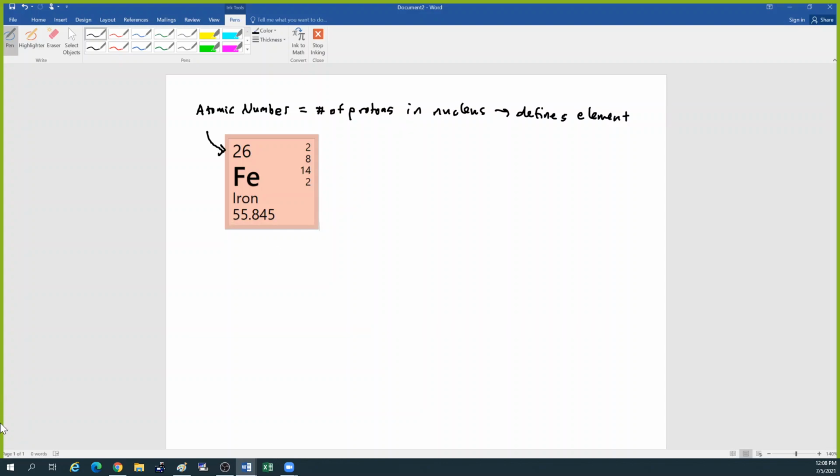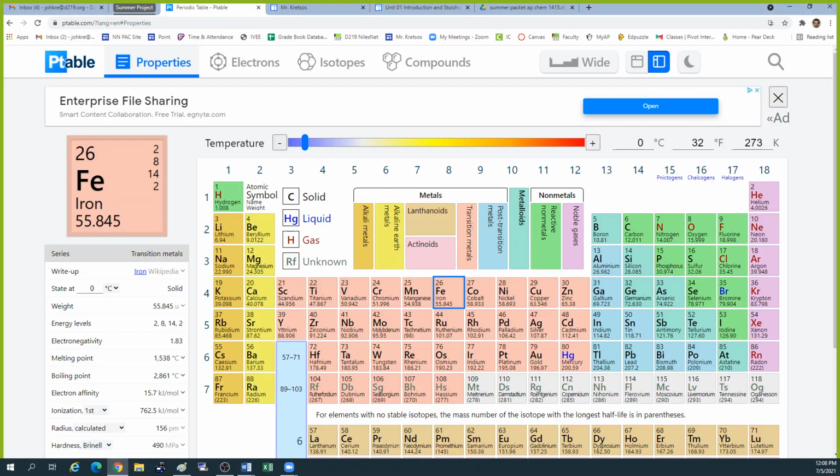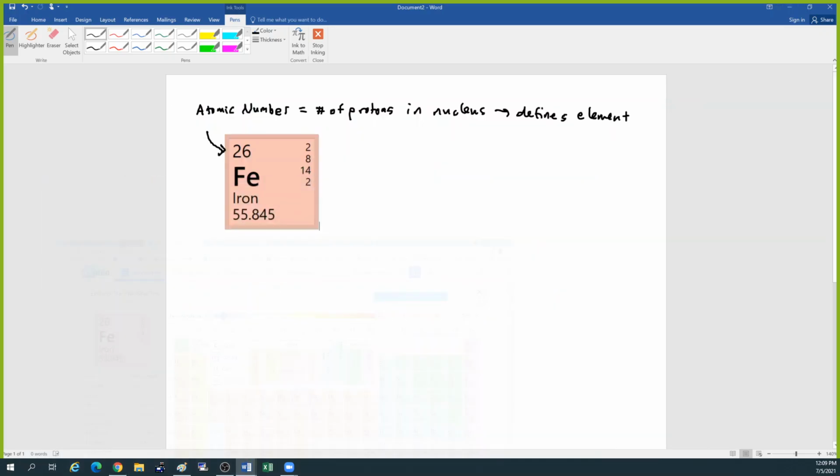And so when you look at the periodic table globally, you'll notice that every element has one of these numbers, right? They all have an atomic number, and they go in order, and they're whole numbers because protons, you can have one or two or three or four, etc. We'll get into what a proton is in just a minute. Now, this number here is actually called the average atomic mass.